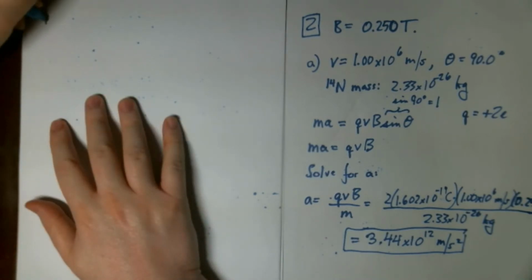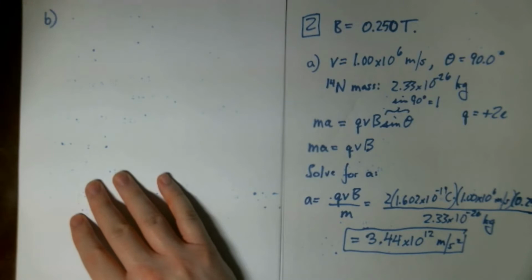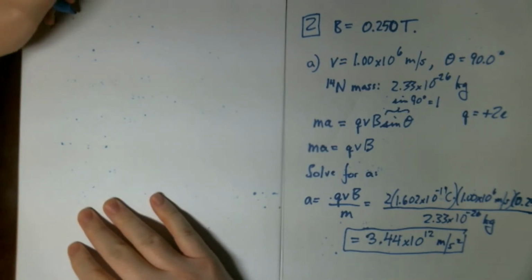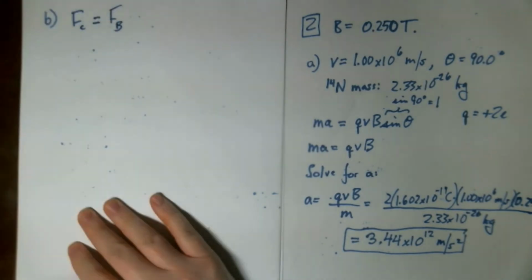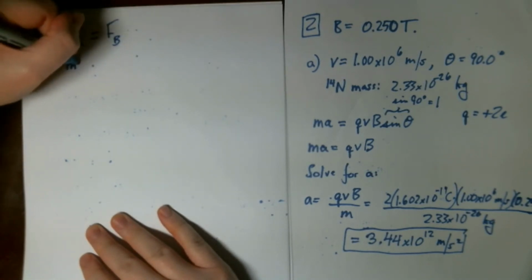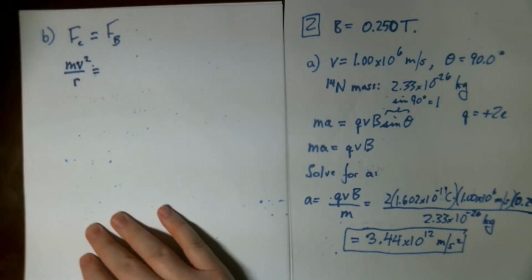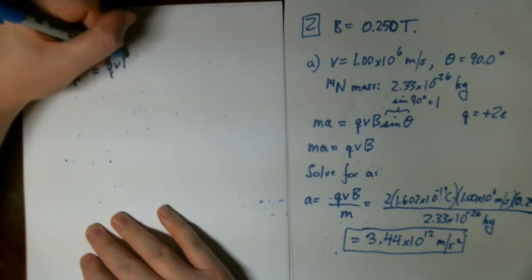So the centripetal force is equal to the magnetic force on the particle. In other words, centripetal force from General Physics 1, you should know, is mv squared over r. And we already found the magnetic force to be QVB.